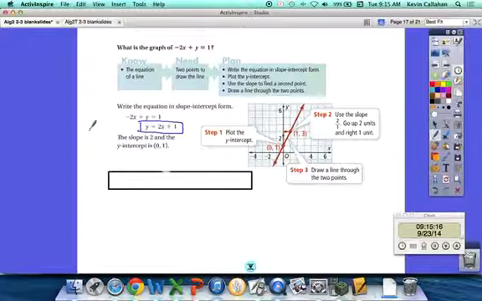When you graph, and they've done a pretty good job on their graphic here, step 1 is plot the y-intercept. So the y-intercept is 1. That means you go to 0, 1, and put a point. Then you use the slope to find another point on the same line. The slope in this case is 2. So how should I use that 2 to direct me to another point on the line?